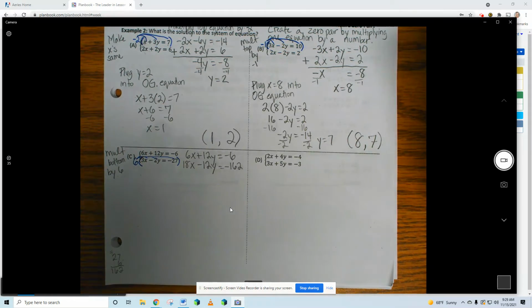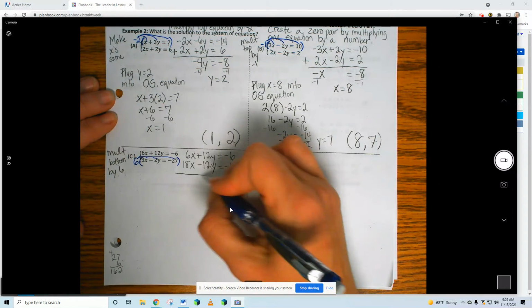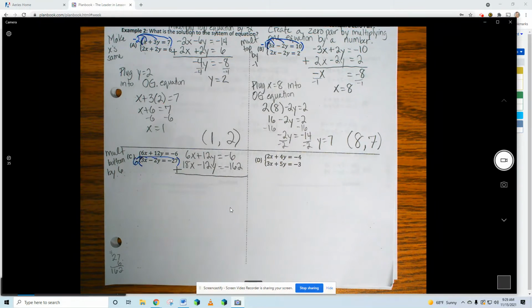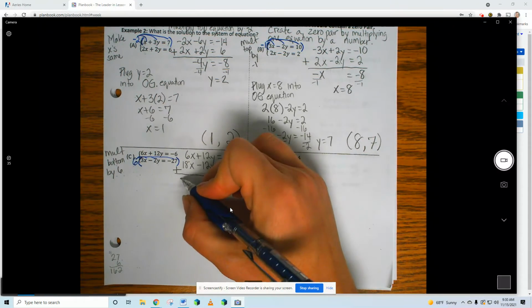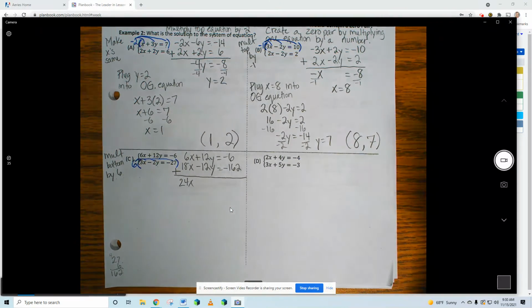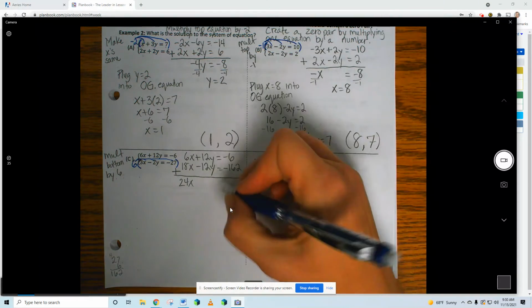Now my y's are opposite signs. This is great. Add the equations. Six plus 18, 24x. The y's will cancel.